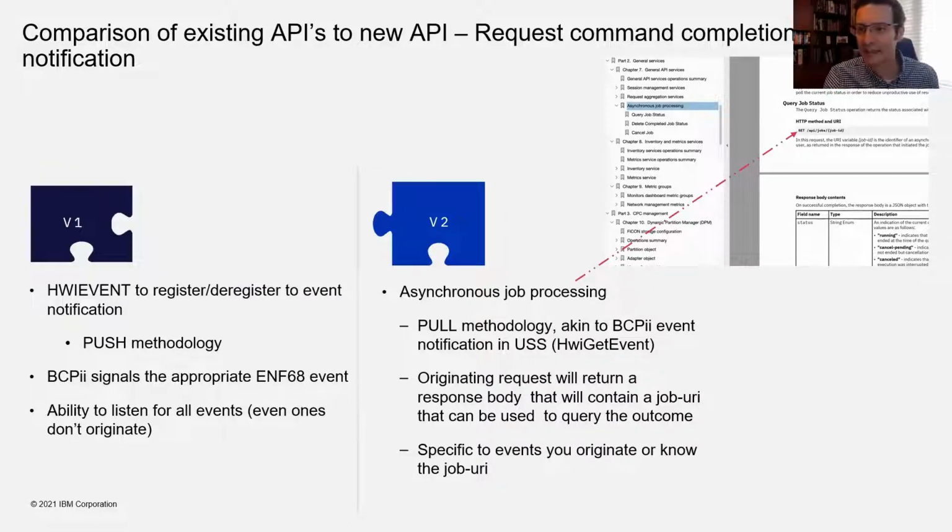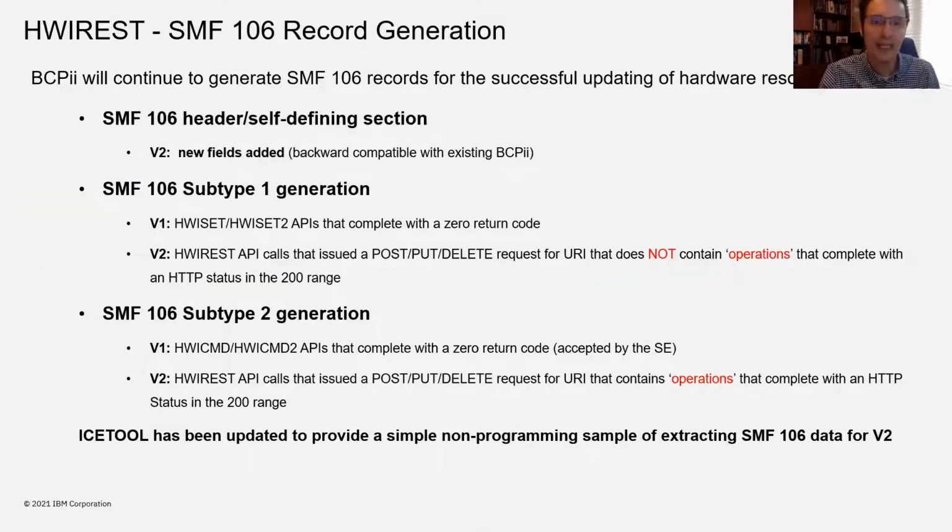And when that has completed, you will have the response directly inside of your application. So again, this is really cool. I don't need to invoke an ENF exit. I don't need to have this ENF exit coded. I don't need to have another application doing a wait on an ECB, for example, for that request to get posted. So just all goodness.